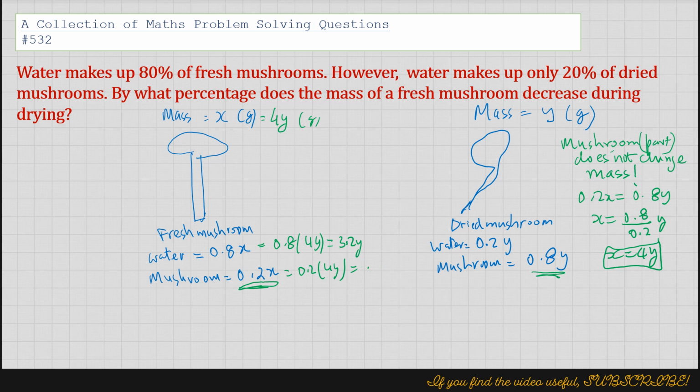Should write it properly. 0.8y. Okay, so now it's very easy, isn't it?